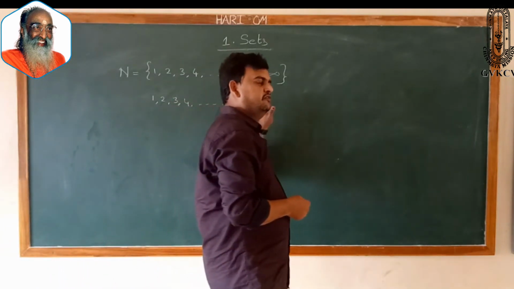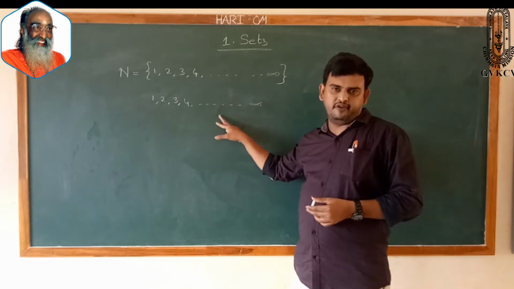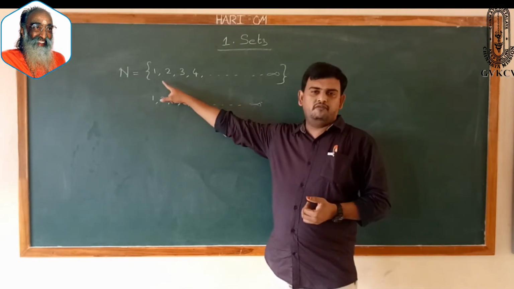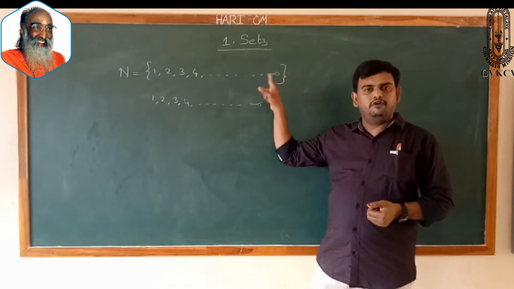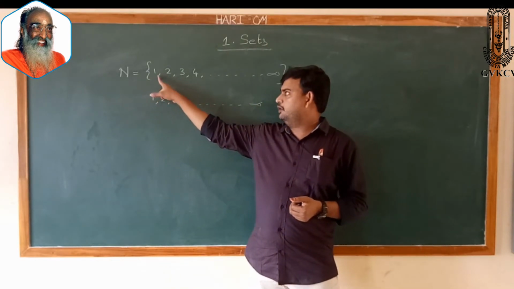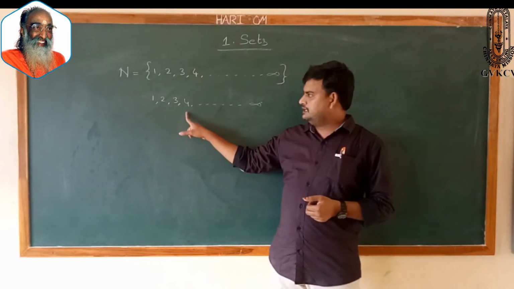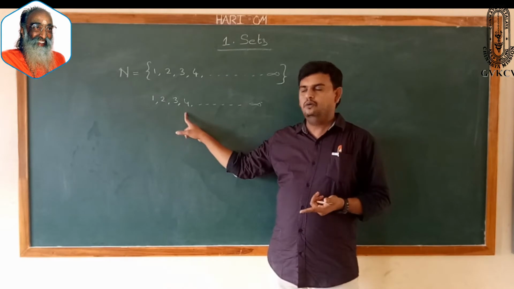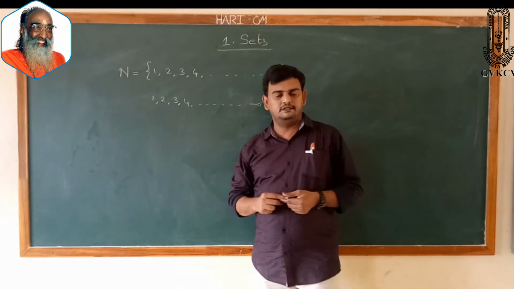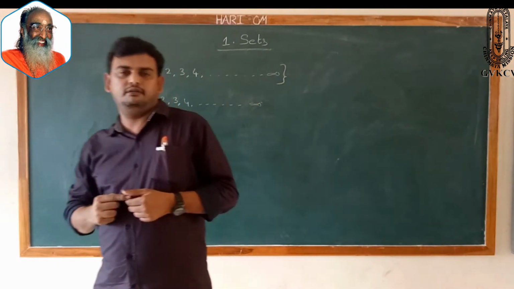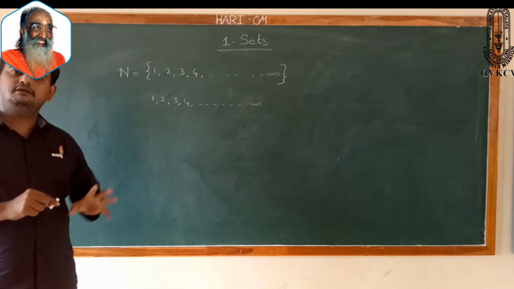Do you find any difference here? We have written the natural numbers in different ways. In the first representation, we have flower brackets. Within the flower brackets, we have kept all the natural numbers 1, 2, 3, 4 and so on to infinity. Now here the second representation we have without flower brackets. Now what is the difference between these two representations? Is there any difference here?